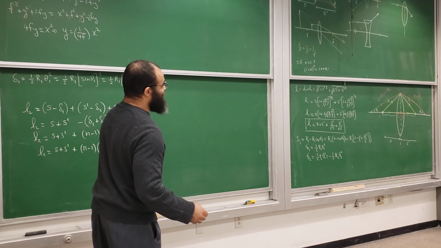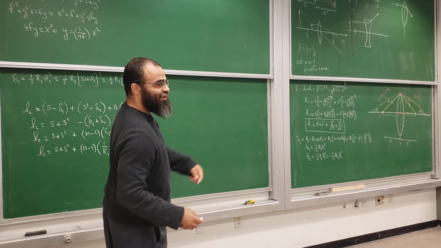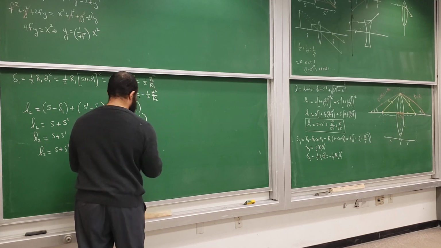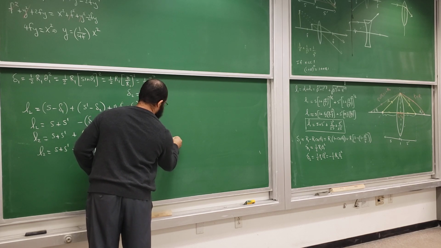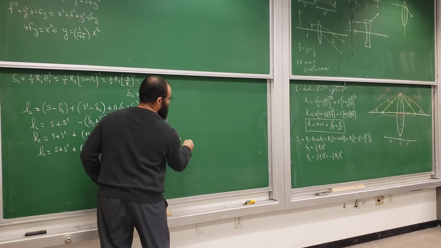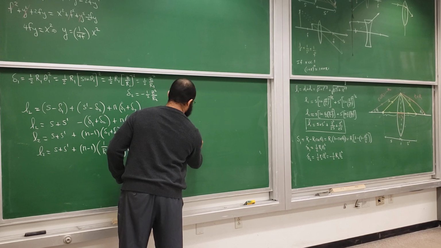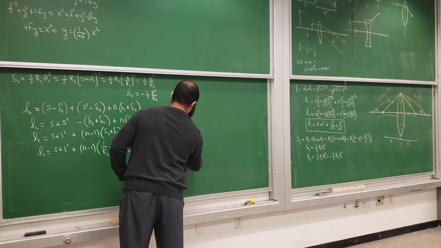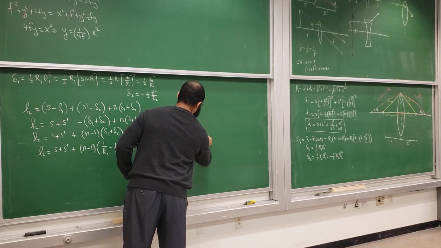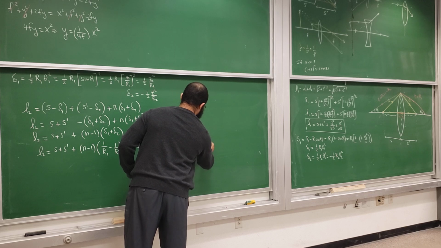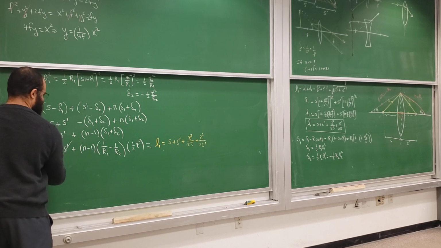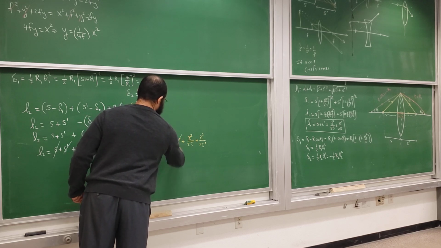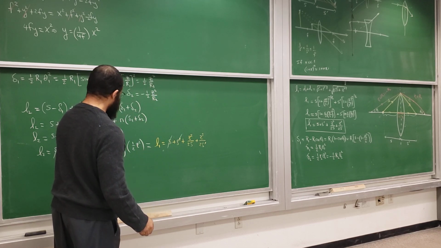So if L2 is equal to L1, let's write down L1, which is s plus s prime, and then z squared over 2s plus z squared over 2s prime. So cancel, cancel.